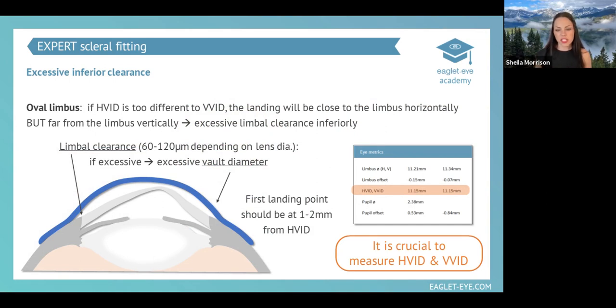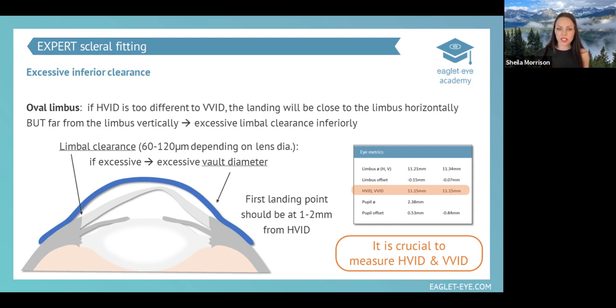Now, HVID and VVID have become absolutely essential in clinical practice when fitting scleral lenses. It's not something that we used to look at, but certainly in the last couple of years, we've really started to pay attention. Because in most cases, the HVID and VVID, meaning the horizontal visible iris diameter versus the vertical visible iris diameter, are not always equal.